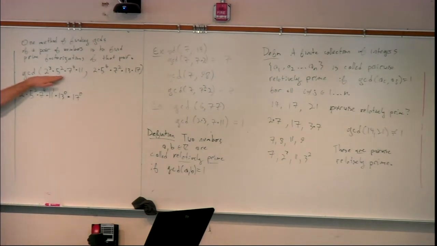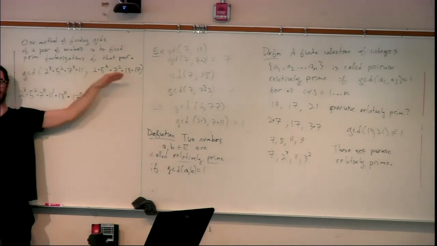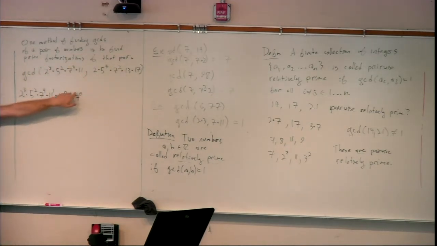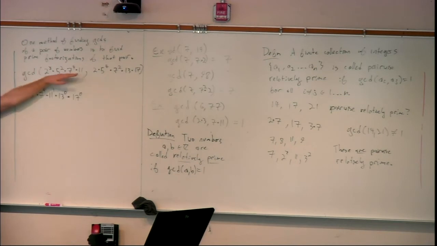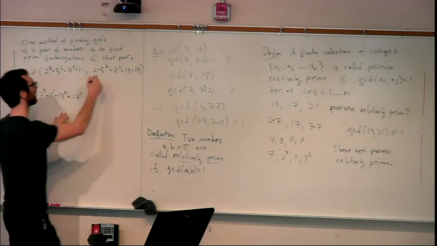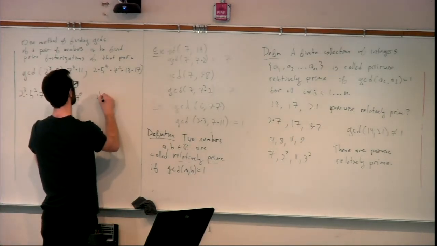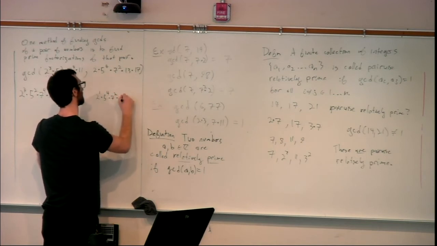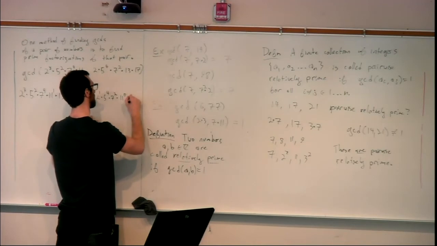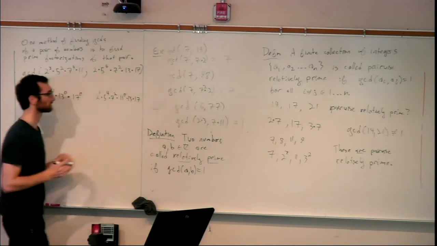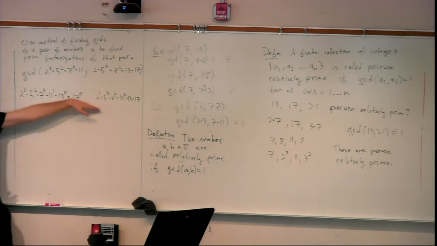So I've written this number in terms of all of the primes that appear, but some of the primes may appear to the 0th power. 13 to the 0 is 1, 17 to the 0 is 1, and I haven't changed this number. I've just listed all the primes I could possibly be dealing with. And second, this number is equal to 2 to the 1 times 5 to the 4th times 7 squared times 11 to the 0 times 13 times 17. Once again, I'm writing this number in terms of all of the primes that I need to consider.